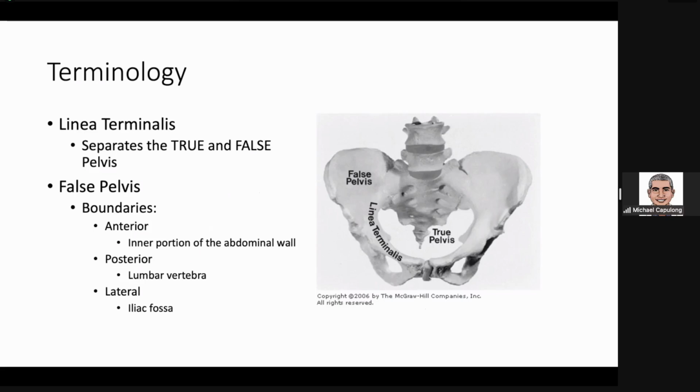The contents of your false pelvis are mostly intra-abdominal organs, like the small intestines and the colon, whereas your false pelvis is bounded anteriorly by the inner portion of the abdominal wall, posteriorly by the lumbar vertebra, and laterally by the iliac fossa.